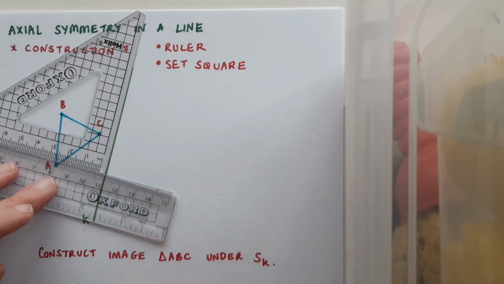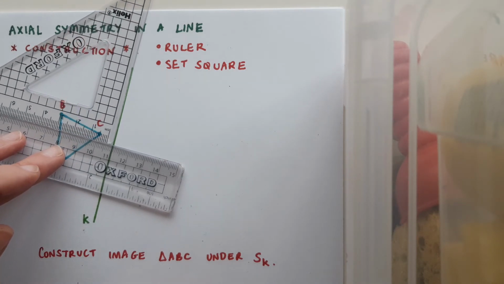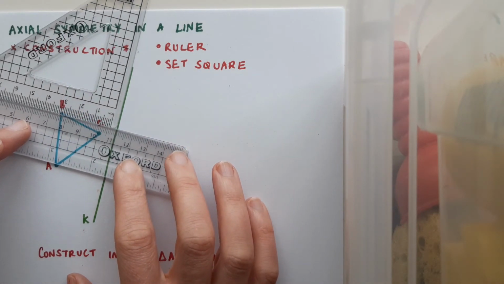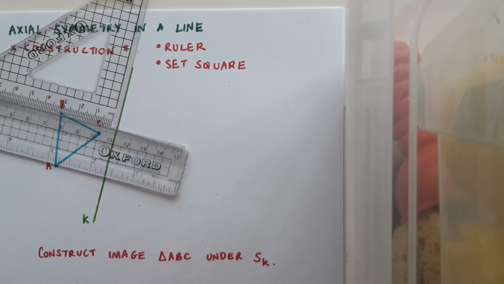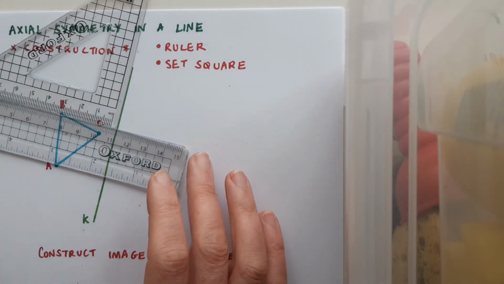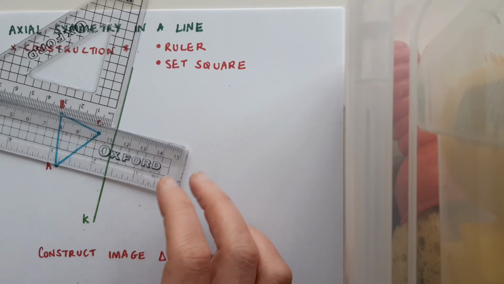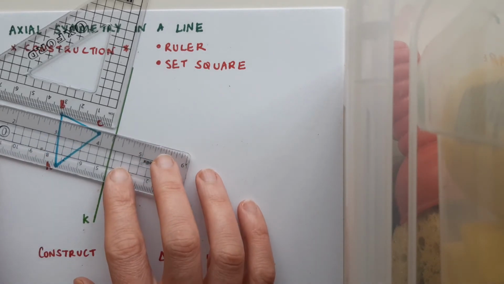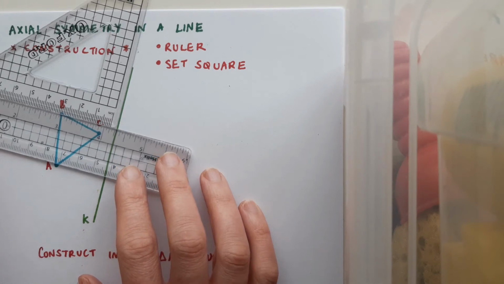Now, how do I get at the point? Well, I'm going to push my set square and my ruler along until I can get at that point. Then I'm going to carefully turn around my ruler, sorry, because I was on the inches side by accident.